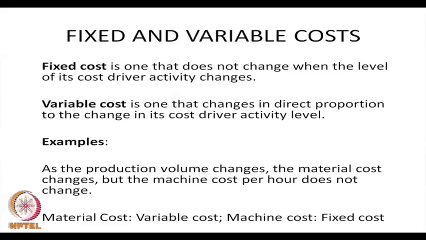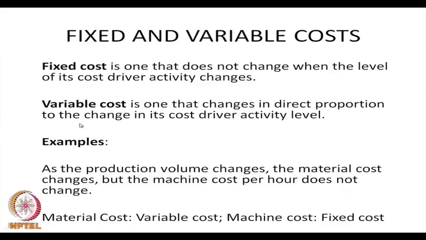A fixed cost is one that does not change when the level of cost driver activity changes. So, even if the volume of activity, that is the cost driver activity, is changing, that particular cost does not change. Now, this we say is a fixed cost.